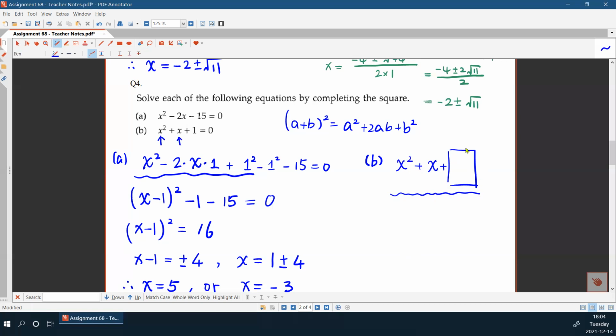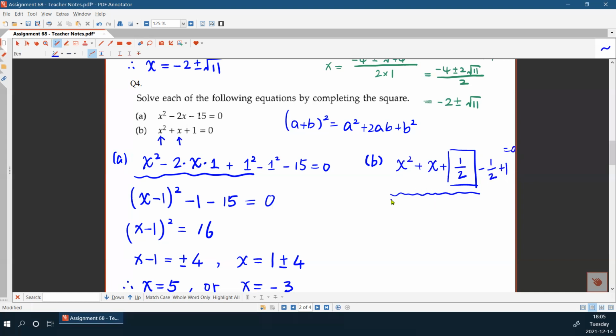So what number should you put here? Okay, you think it's 1/2. So let's put 1/2. And then because there's no 1/2, you need to subtract it, right? And then copy the rest, plus 1 equals 0.